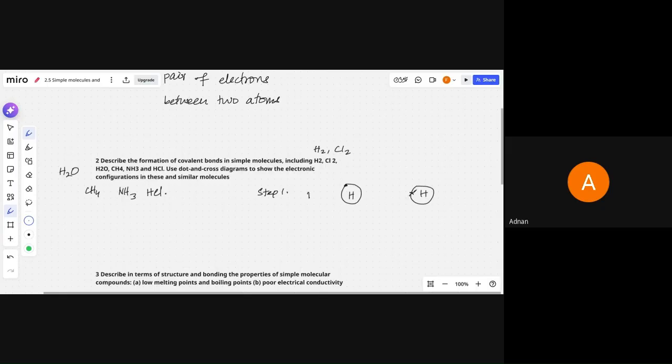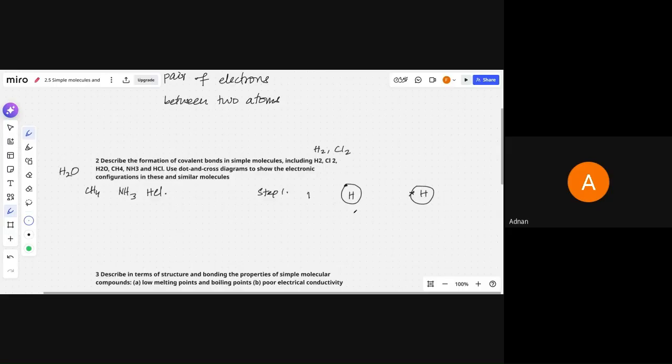But remember that the electron of the other atom will be shown as a cross, so that they can be distinguished when these electrons are shared. So we can see how each atom is contributing to the shared pair of electrons. This is the first step when you draw these.